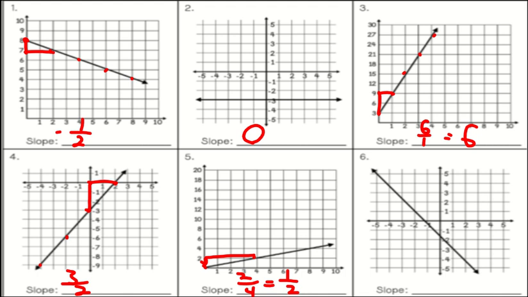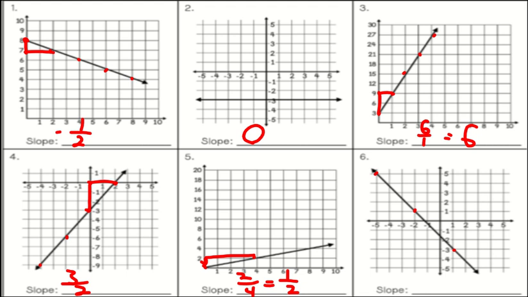No. Negative 4 over 3 is correct. So, you got 3 points we could use. If we look at the labels on the graph, all the labels are by 1, so that makes it a little bit easier. We can just count the squares.